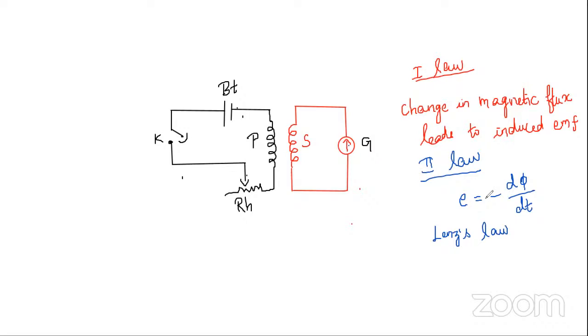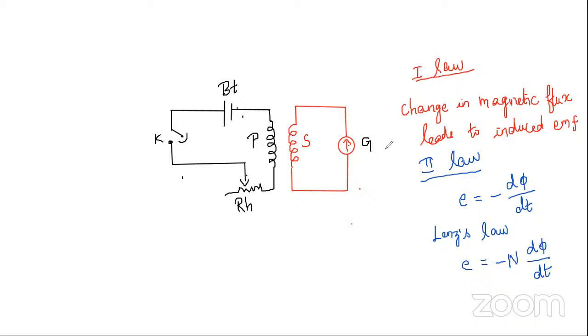But the one thing you need to understand is that EMF equals minus d phi by dt. When there are n number of turns in the coil, the EMF is e equal to minus n into d phi by dt. So this is the second law.